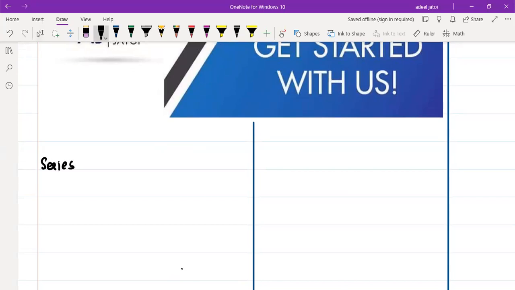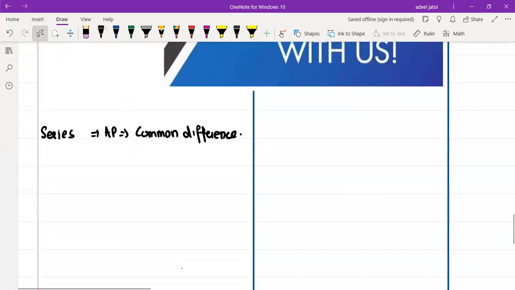This topic is all about series. But when we talk about AP, we basically talk about common difference. Now let's see that the series starts off with 15, 18, 21, 24, 27, 30.